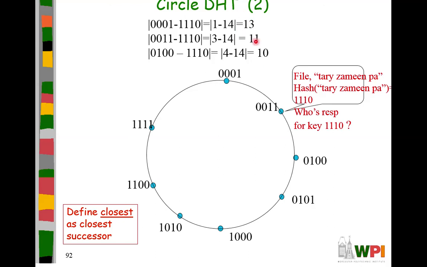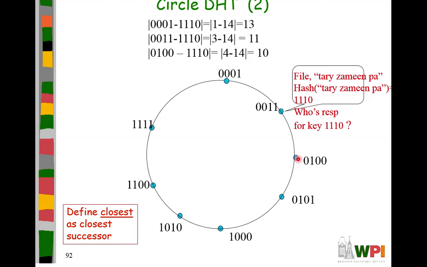So who is closest to this key? The one which has the least difference. This 10 is less compared to 13 and 11, so this one is closest, and this one is the successor. So this peer sends the file to this peer.